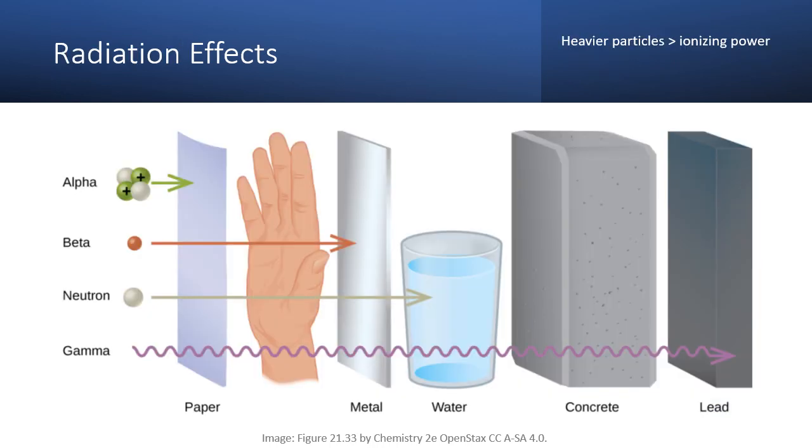All right, so let's talk about radiation effects. If you have something with a high mass, like an alpha particle, it actually can't go through things that are very thick. So for example, it could be stopped by paper. But on the flip side, alpha particles are highly ionizing because they have a lot of energy due to the fact that they have a lot of mass.